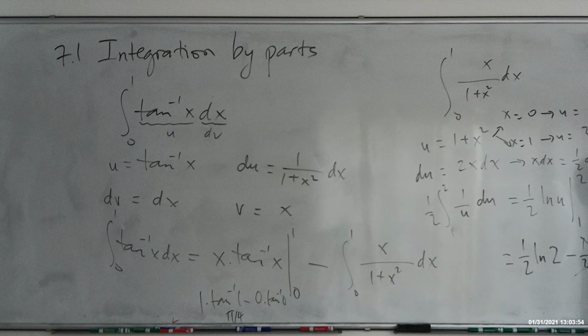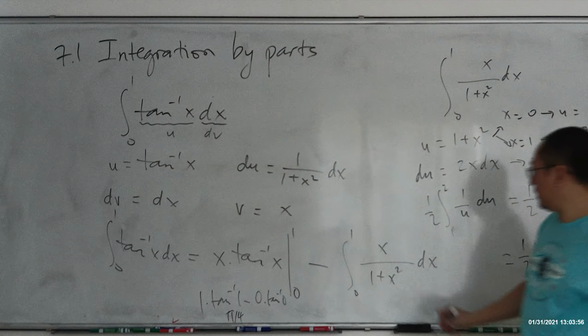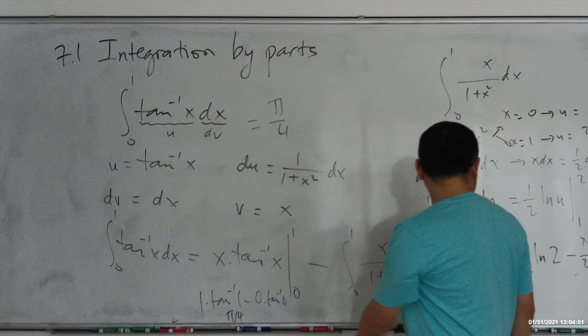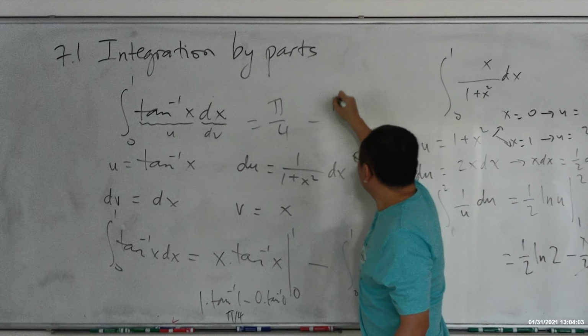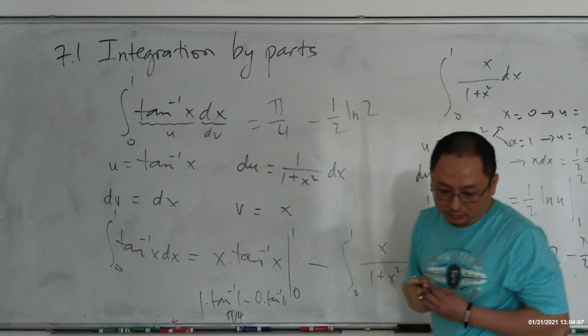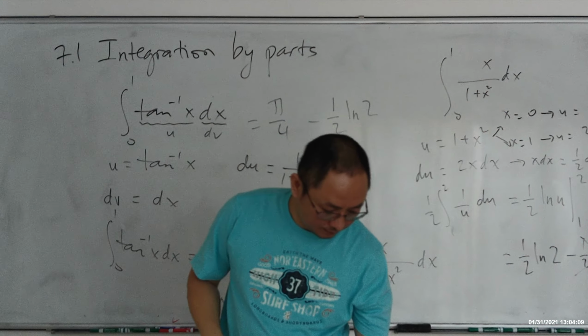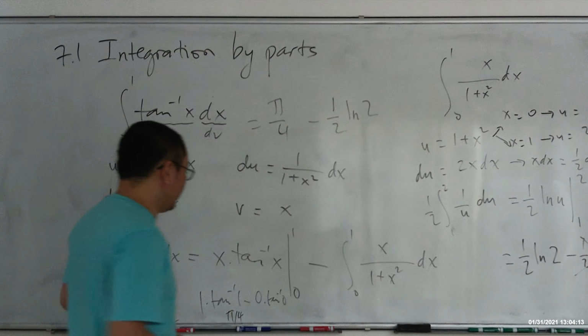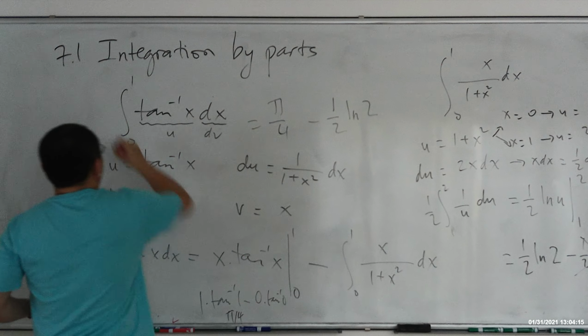So the answer is what? I got pi over 4 for the first part, and then subtract 1/2 ln of 2. That would be the answer. Okay?